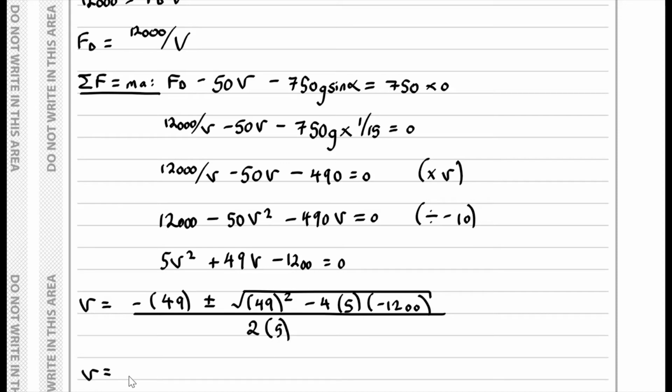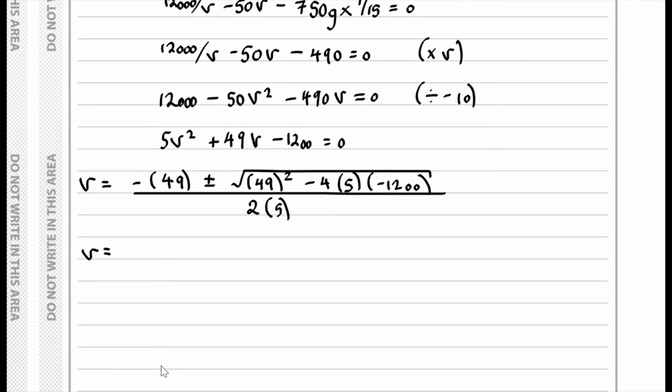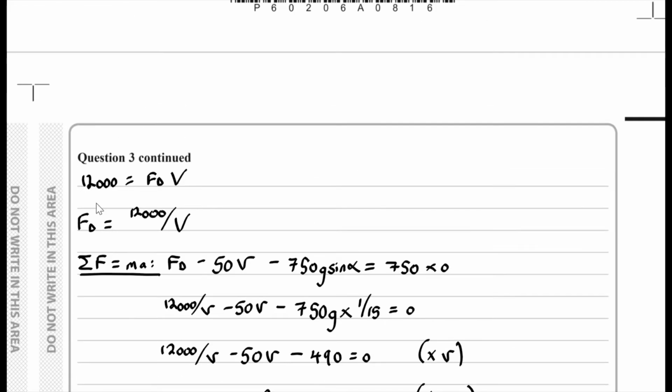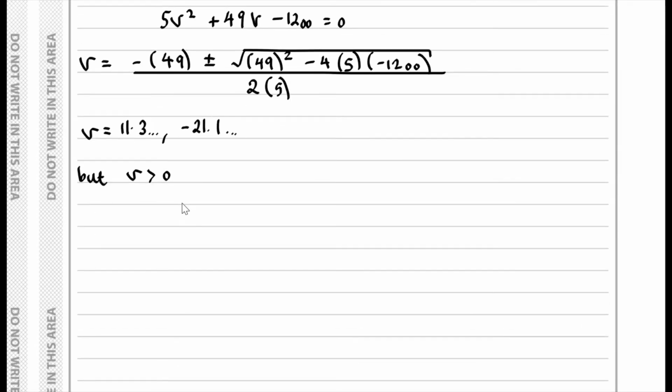So the two possible values of V, if you substitute all this into your calculator, we have 11.3 etc. and minus 21.1 etc. And therefore, because V must be greater than 0, because we can't have a negative power, you'd therefore find V equals 11.3 meters per second.